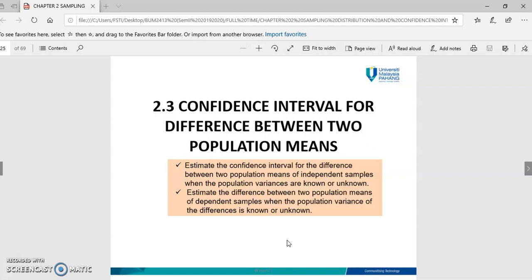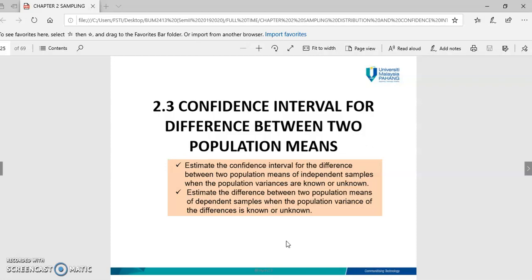So in the last meeting we discussed 2.1 and also 2.2. I really hope that you still remember all those things, because 2.1 is the theory of the confidence interval.